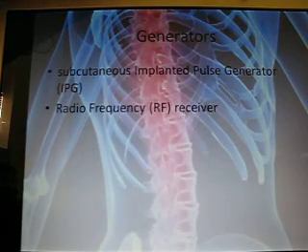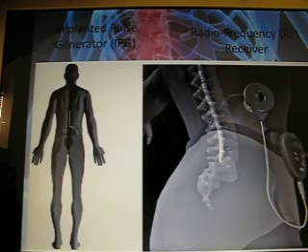The generators for spinal cord stimulation come in 2 categories: the implanted pulse generator and radio frequency receivers. The implanted pulse generator has a battery and microprocessor, everything inside of it. It is implanted inside of the body.